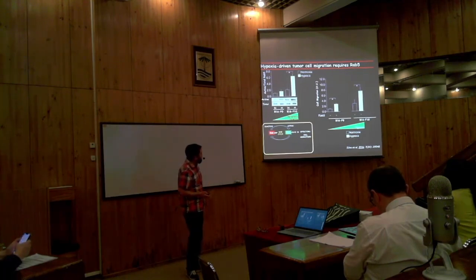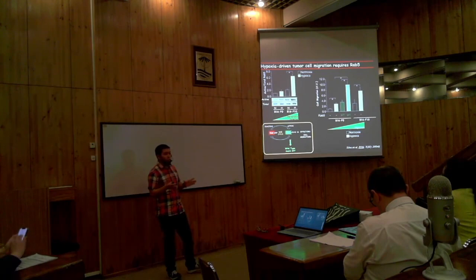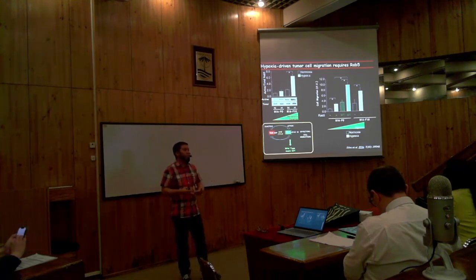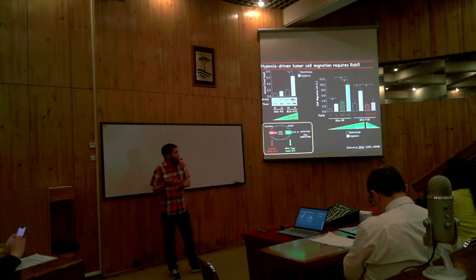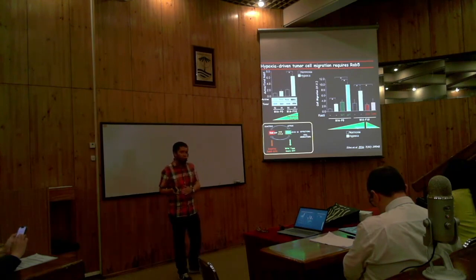However, when we express the wild-type active form of Rab5 in the B16F0, these cells respond with more sensitivity towards hypoxia by increasing their cell migration. On the contrary, when we express the mutant, inactive form of Rab5 in the highly metastatic cell line, there is no longer this response towards hypoxia.